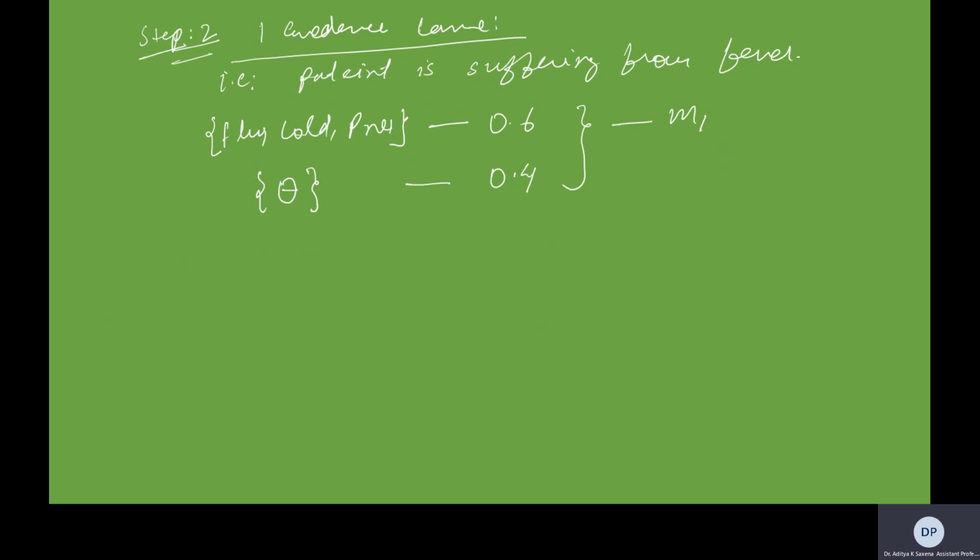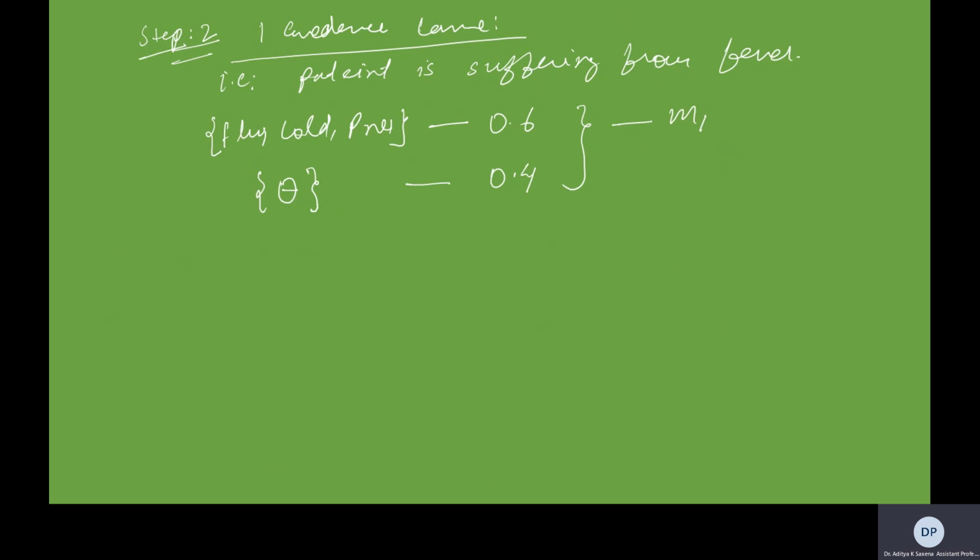Initially theta was assigned 1. Now the doctor has assigned appropriate belief to the set flu, cold, pneumonia, and the remainder of belief is still in the larger set.